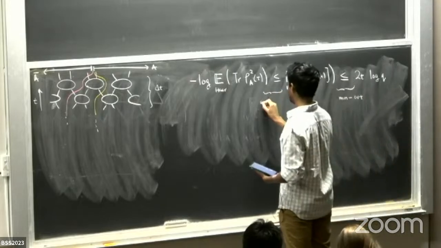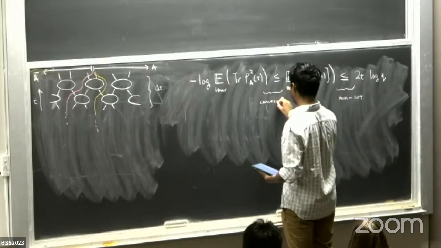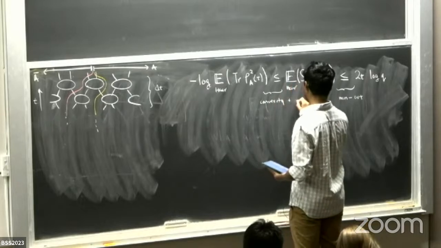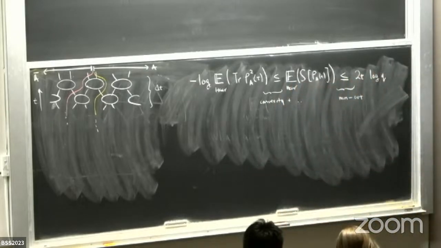And this comes from convexity plus other stuff which has to do with the Renyi entropies being non-increasing as you increase the Renyi index.